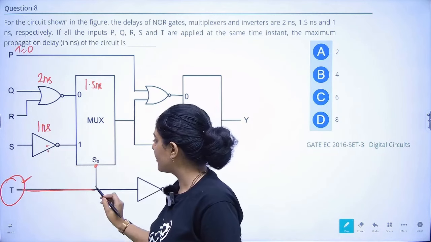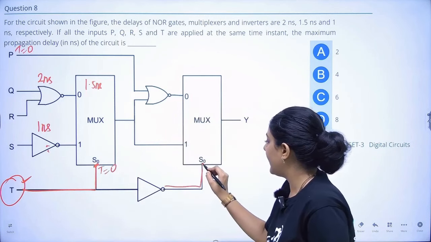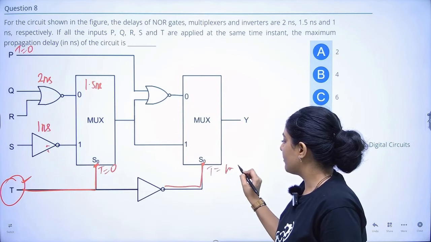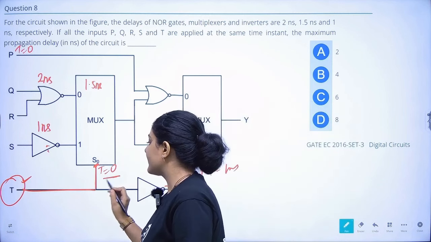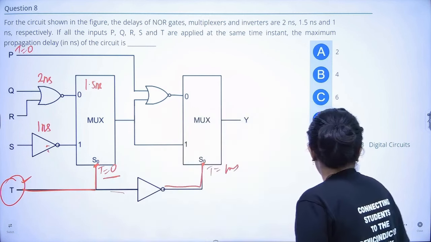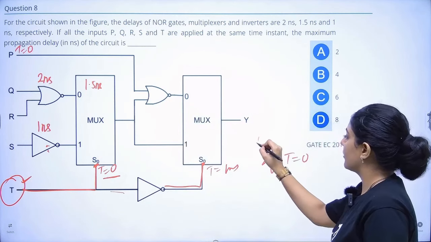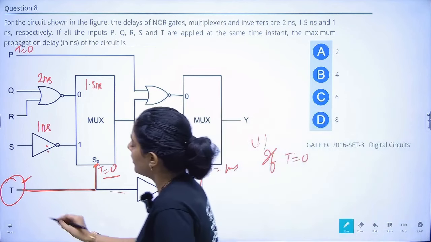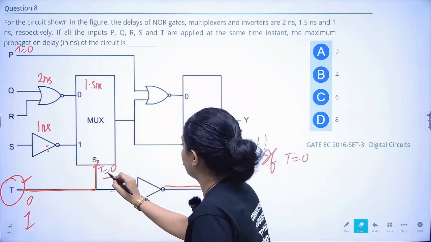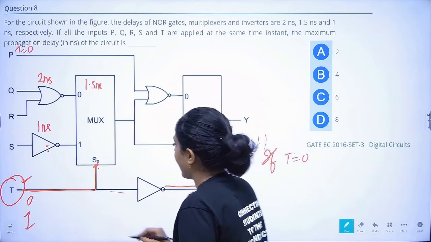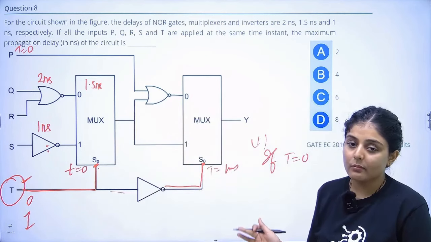But there will be two cases, depending on whether T is equal to 0 or 1.